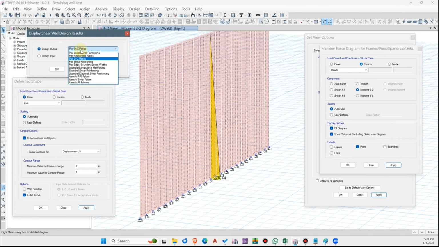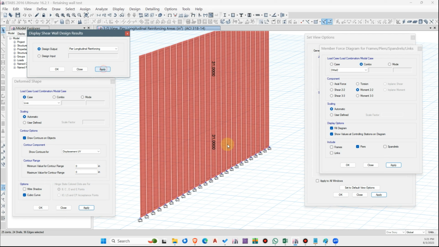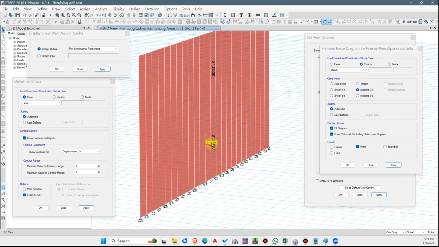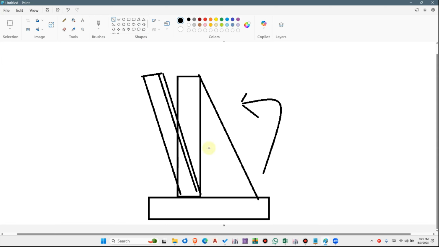The amount of reinforcement we have provided by specifying number 5 rebar at 6 inches center is 31 square inches. In 31 square inches, there are two curtains. One curtain is this, and the other curtain is this.